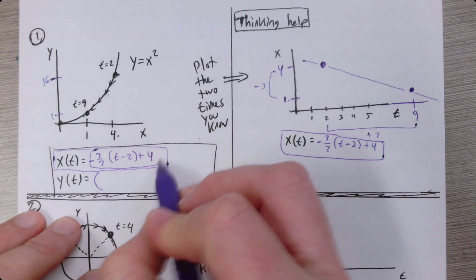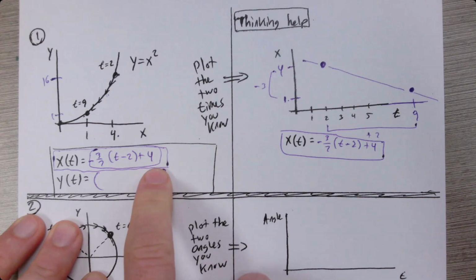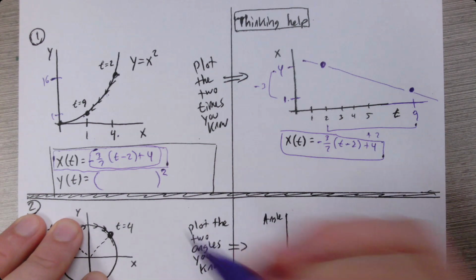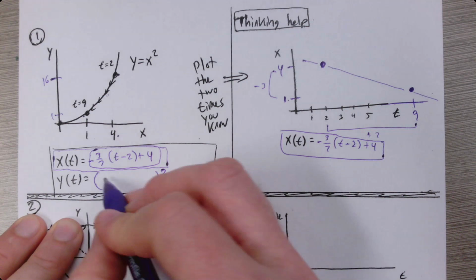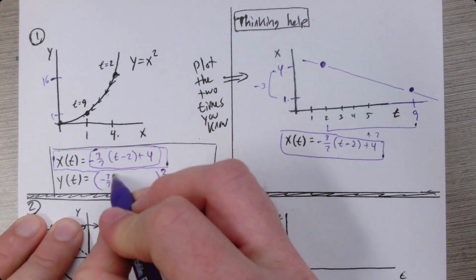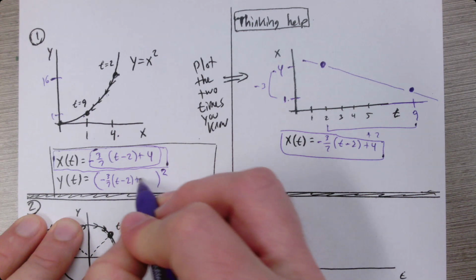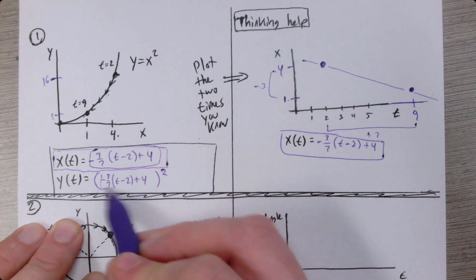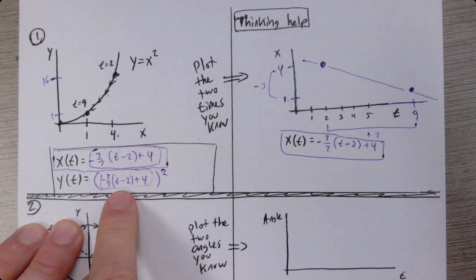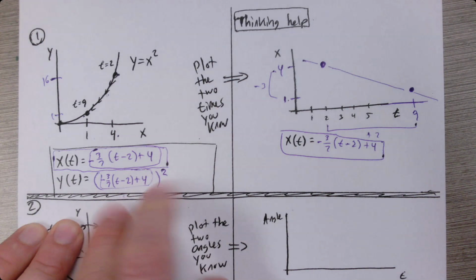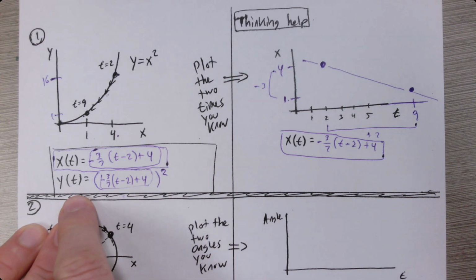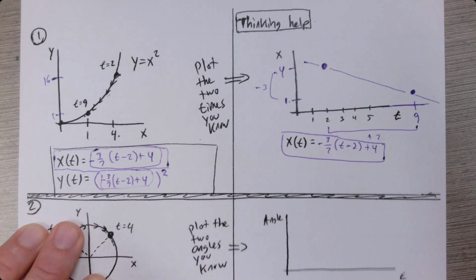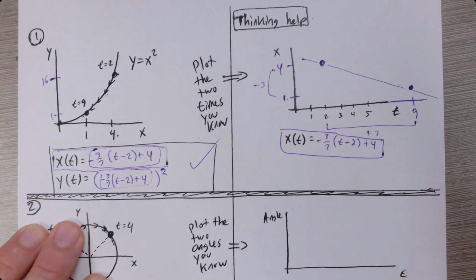So I now have an equation that tells me my x-coordinate. So if I want to know what my y-coordinate is, I'll take the equation that tells me my x-coordinate and I'll square it. Because if you imagine plugging in a time, that's going to tell you your x-coordinate, and then you're going to take that x-coordinate and square it to get your y-coordinate. So it's sort of like a 2-step process to find the y. And we're done.